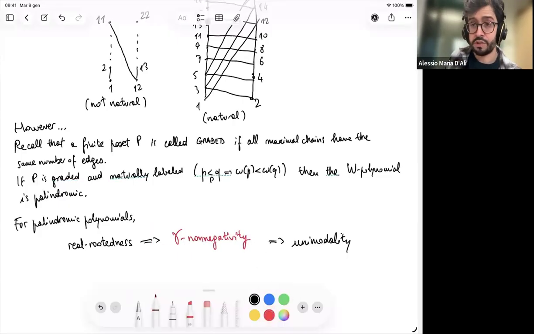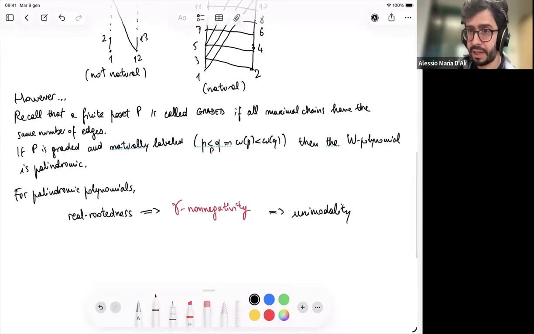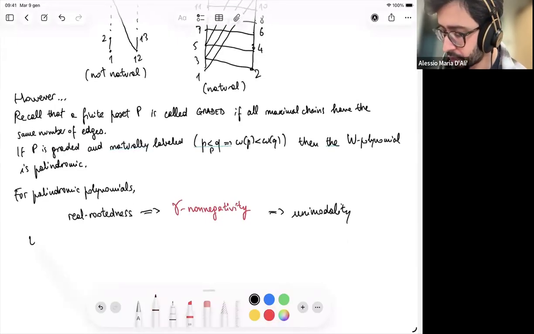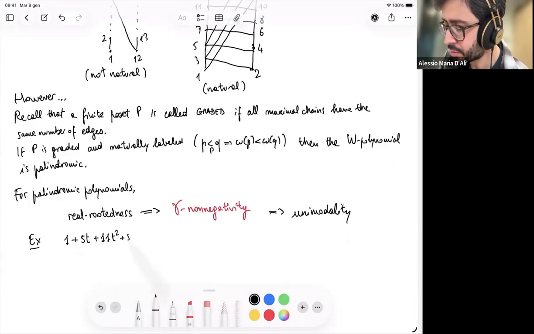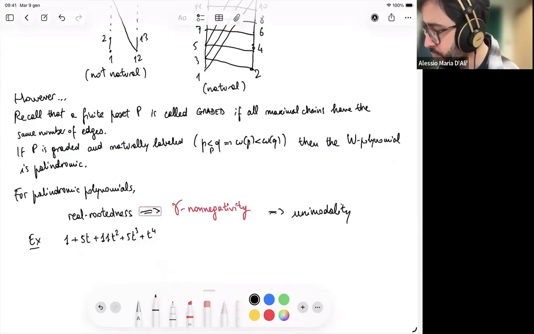And I'm going to just demonstrate it by an example. So what it means for a polynomial to be gamma-nonnegative, for instance, say that your polynomial is something like that. So these are my coefficients. I'm just going to write them like this.